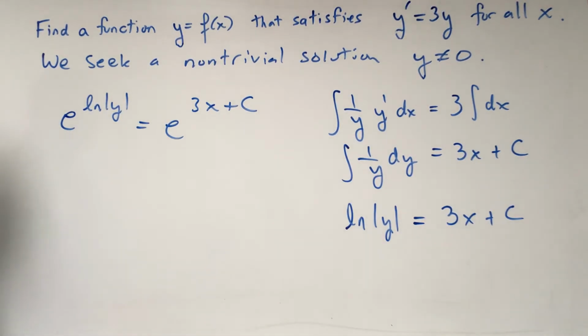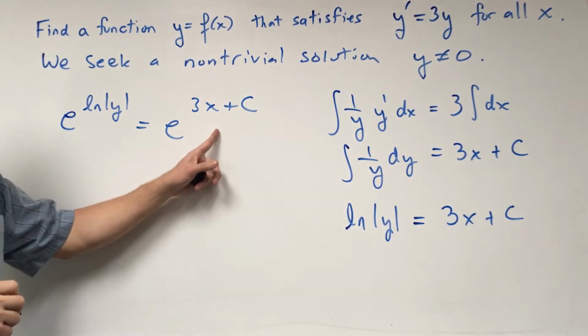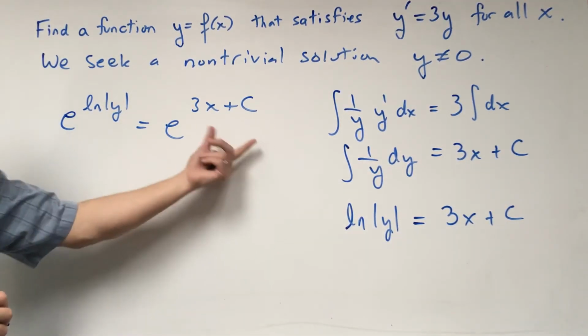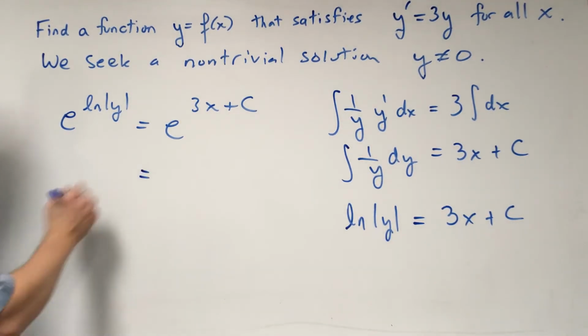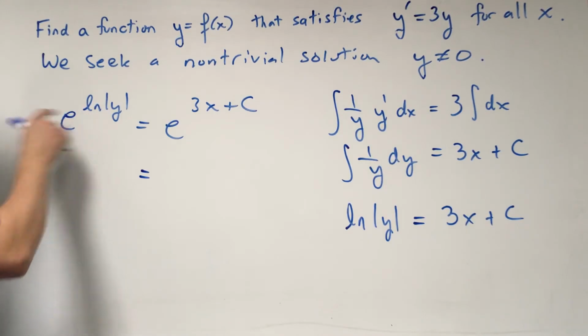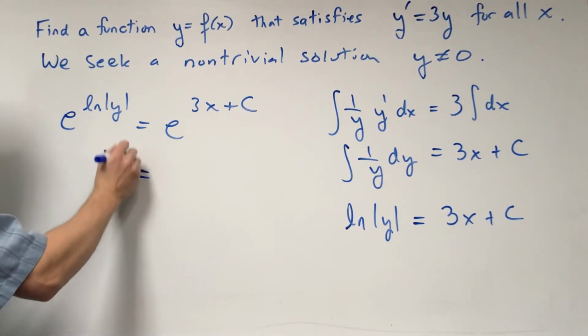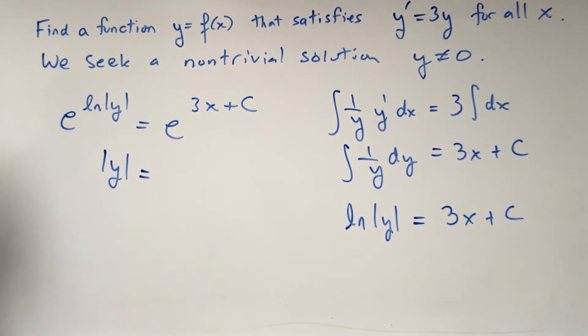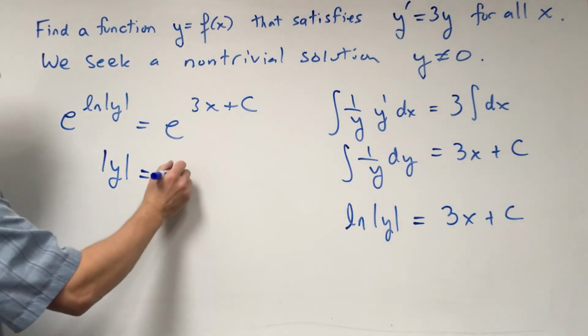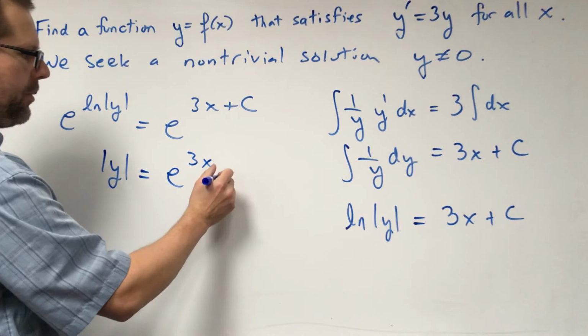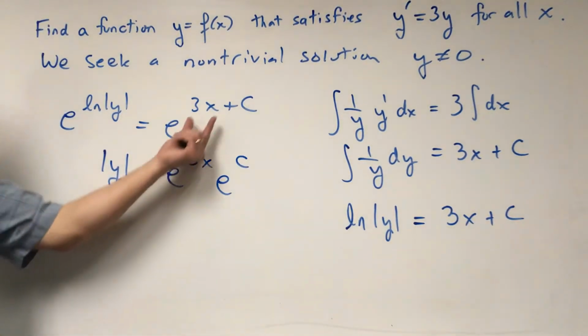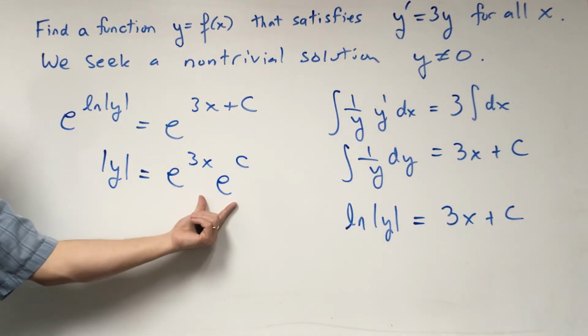It's important to note that we did not write e to the 3x plus e to the c. The entire 3x plus c is the exponent. On the left, your exponential and your logarithm are inverse functions, so you have absolute y. On the right, we have exponent laws that allow us to separate the 3x and the c in this manner.